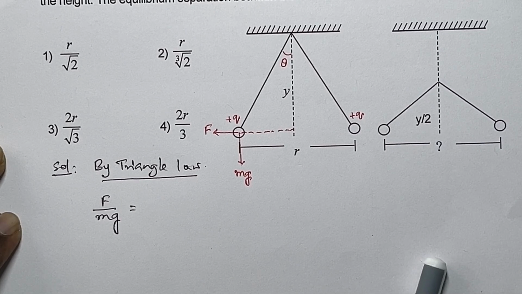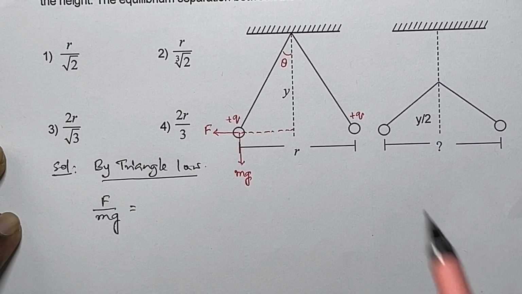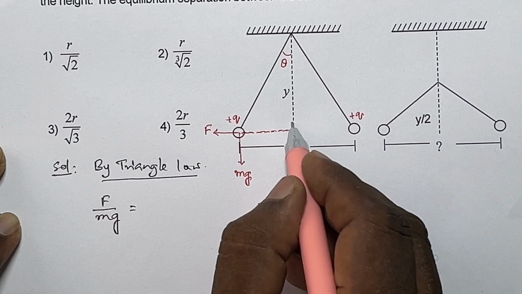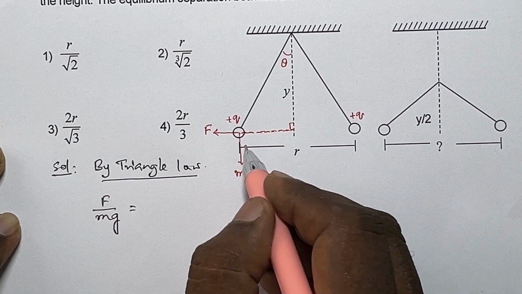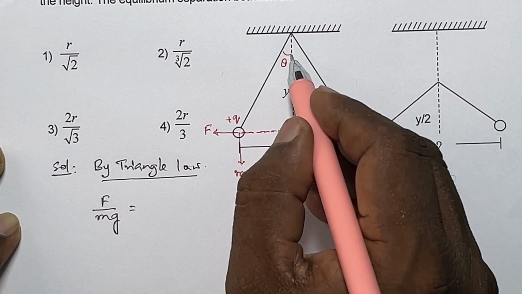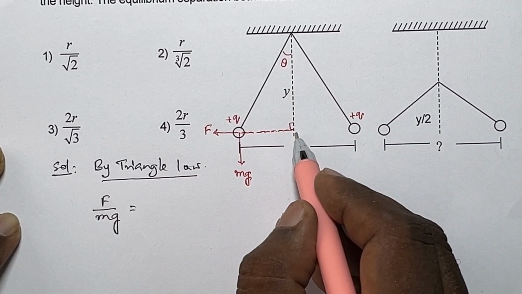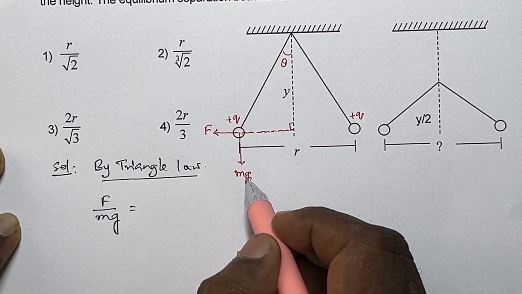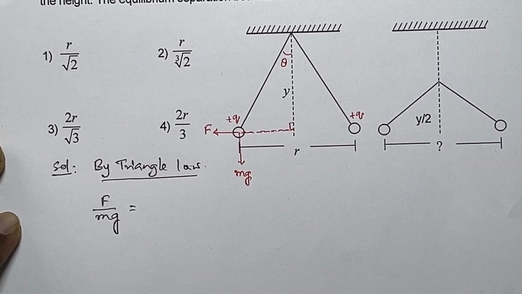See, this side of the right angled triangle represents this force F, and this straight side of the triangle represents mg. So that is the right angle triangle law.